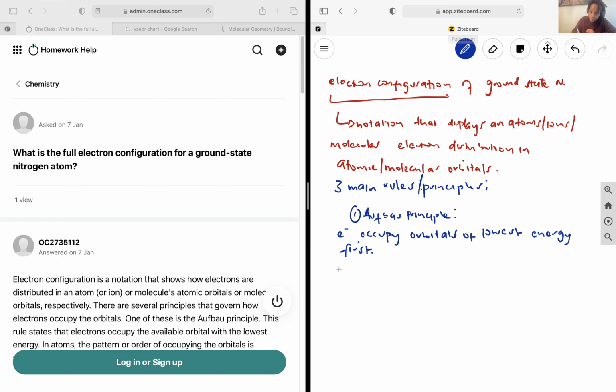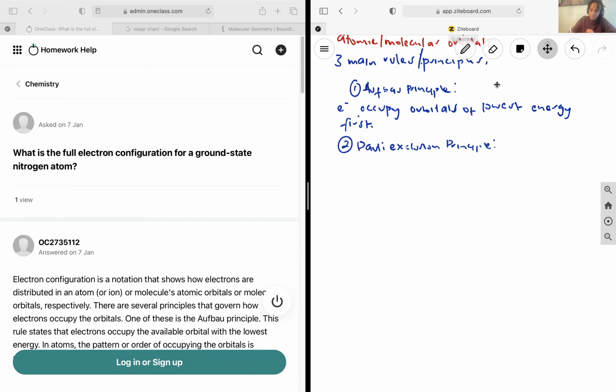The second principle is going to be the Pauli exclusion principle. And that one simply states that no two electrons can have the same four quantum numbers.